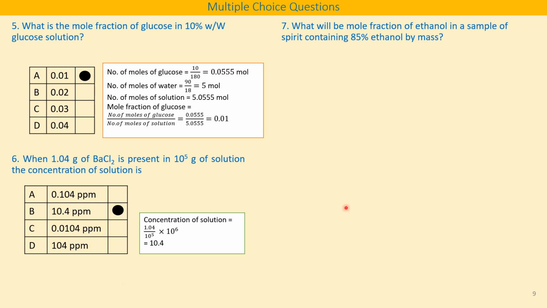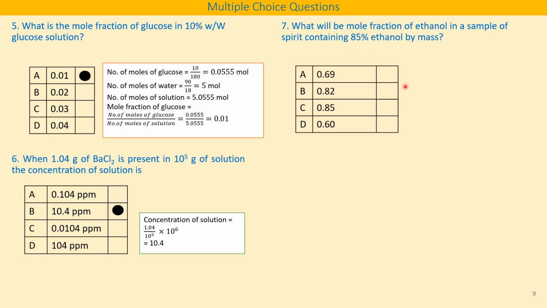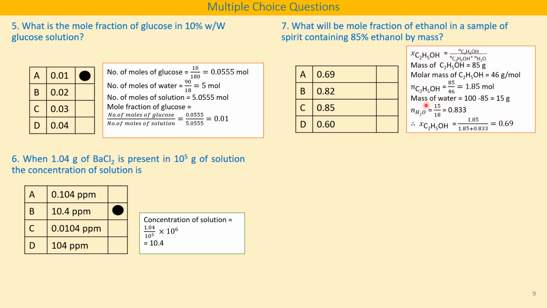Question number 7. What will be the mole fraction of ethanol in a sample of spirit containing 85% ethanol by mass? Four options are given which are appearing on your screen. Let us analyze it.